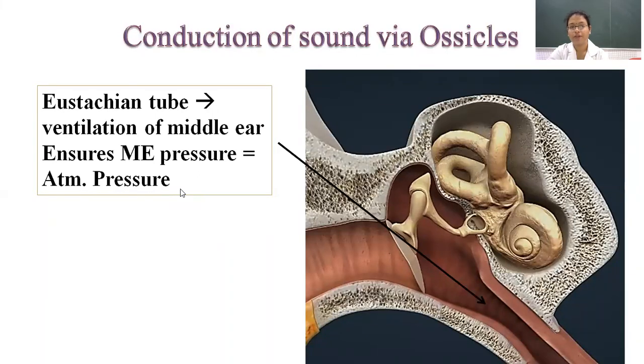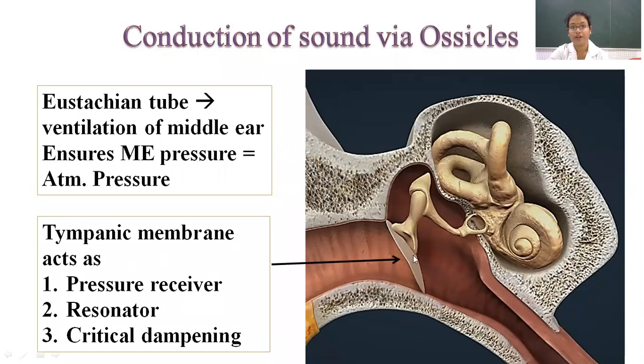Especially when you travel in a flight, you hear some popping sound. That is due to the retraction of the tympanic membrane. Many times, if the tympanic membrane is retracted, they ask you to blow with the nose closed. In this fashion, the pressure is exerted on the tympanic membrane via the middle ear, and then you hear that popping sound.